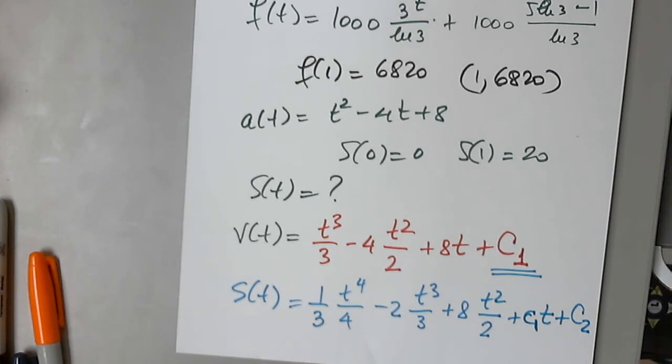Keep the constant outside because it's easier to multiply. So when I differentiate this, I get t cubed. Then I copy -2. When I differentiate this, I get t squared. Then I copy 8. When I differentiate this, I get t. When I differentiate this, I get c1. And when I differentiate this, I get 0.